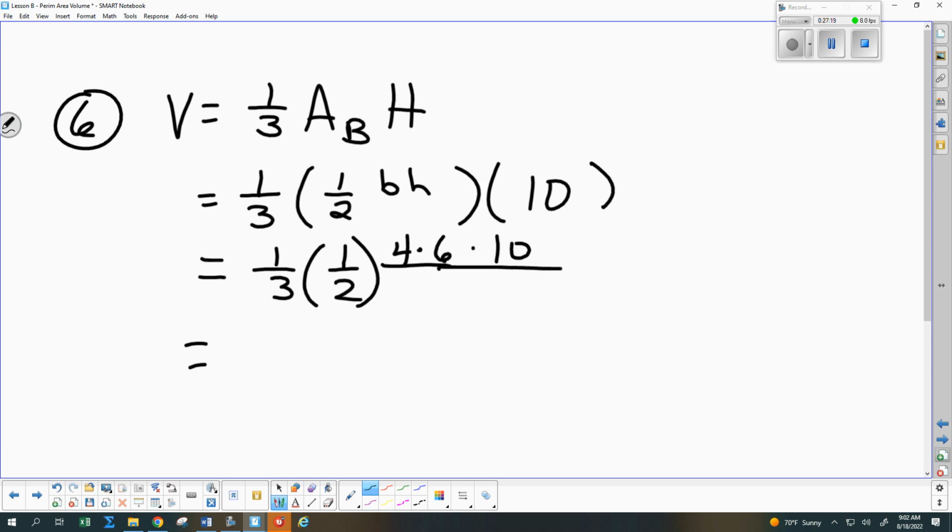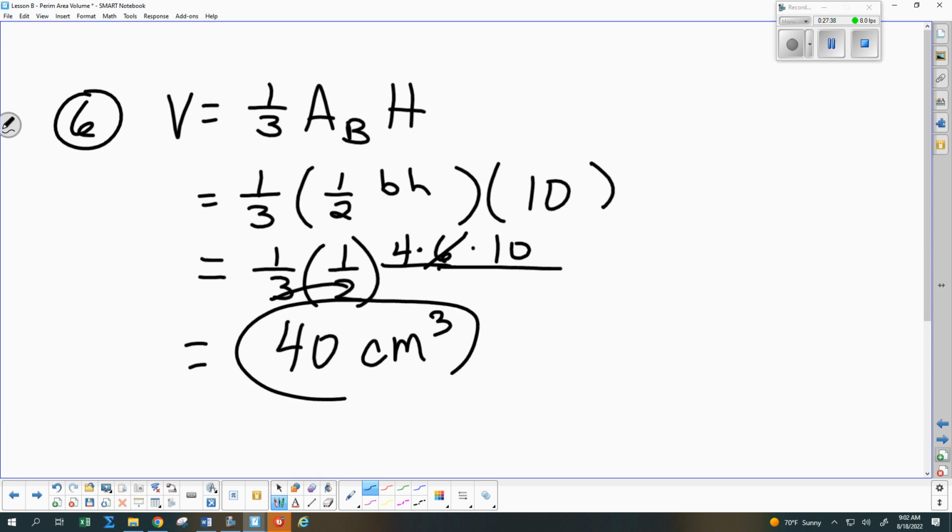Hey, that's going to be pretty easy to clean up a little bit. What's 3 times 2? So I'm just going to cancel that 6, and 4 times 10 is, so it looks like 40 ought to be my answer. Does that look right to you guys too? And units? That makes sense?